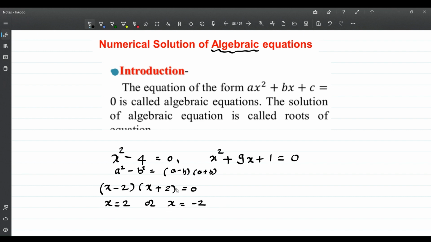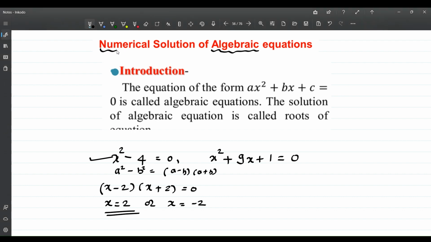These are solutions of this quadratic equation, or algebraic equation. These are also called roots of the given equation. The second method is factorization, which we have already studied. But there are some equations where we have to use numerical methods.